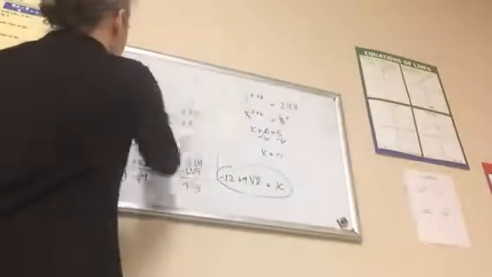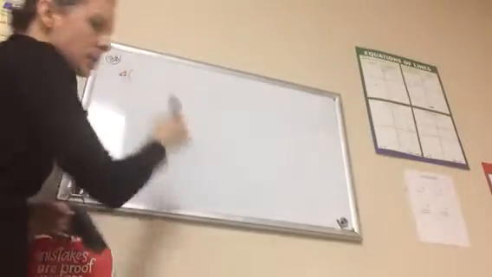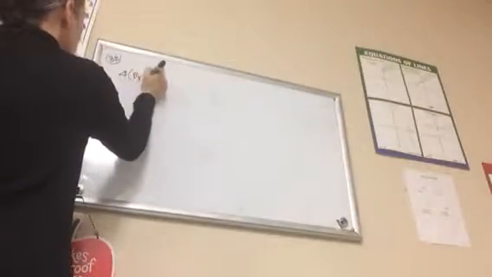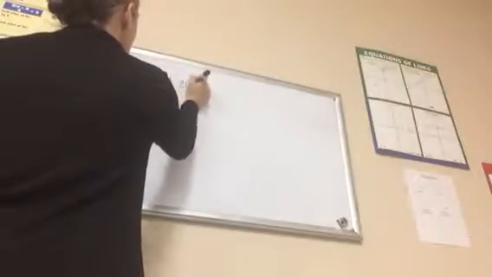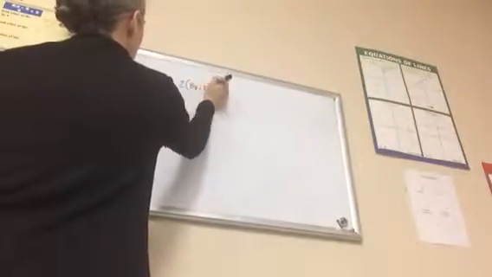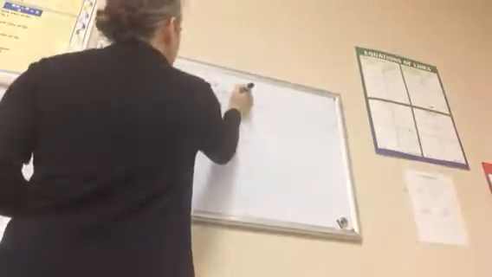Okay, now for problem 38. Four times (8y minus 5) to the 0.5 power plus 2 times (8y minus 5) to the 0.5 power equals 18.